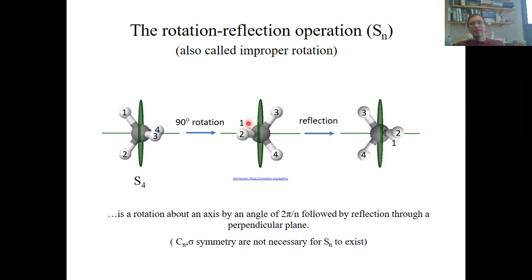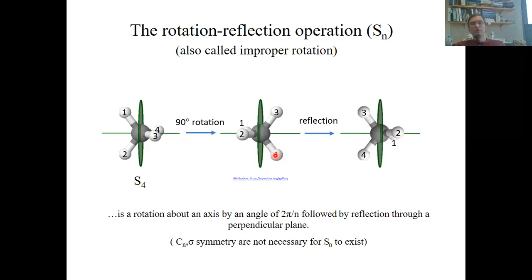Well, atom 1 will move through that mirror plane to the other side. Okay, and now it's here. Atom 2 will move through the mirror plane to the other side, now being in this position. Atom 3 will move through the mirror plane to the other side, now being in this position.